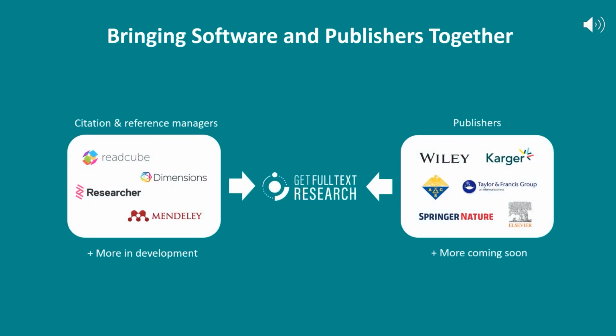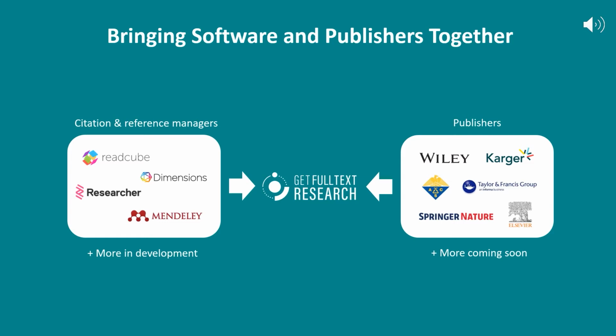So by bringing software providers and publishers together, GetFTR streamlines those access pathways. The target for GetFTR really is any software provider that provides a service where a scholar might be doing a literature search.